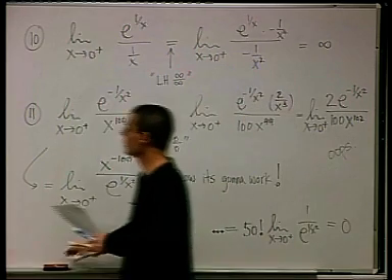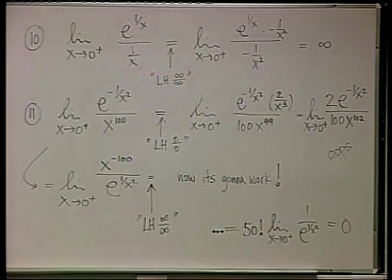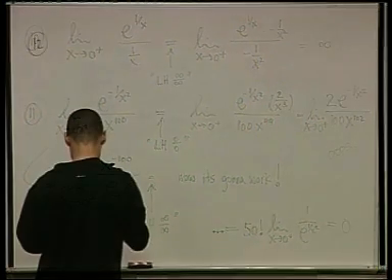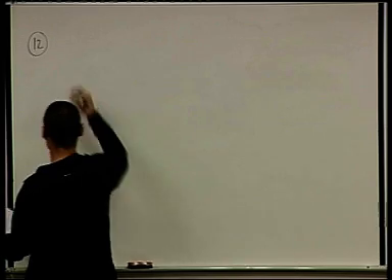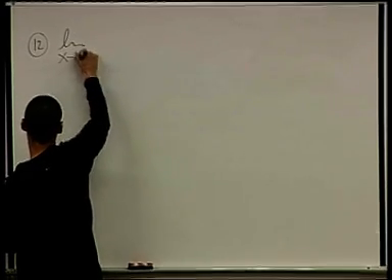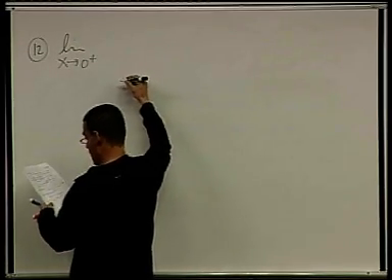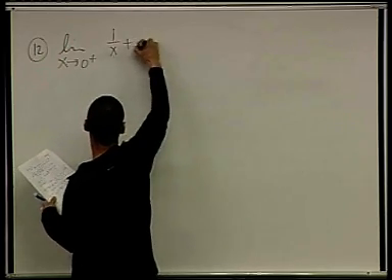More examples. Example number 12. Suppose we have something of the form limit x goes to 0 plus of 1 over x plus ln of x.